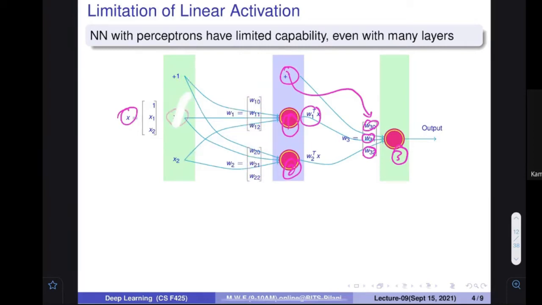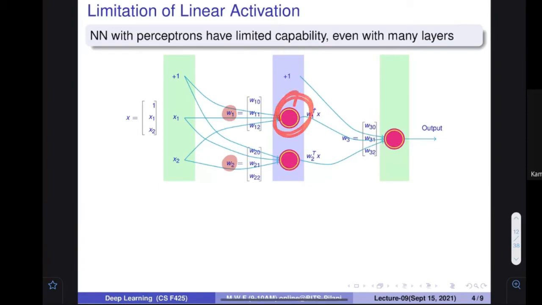If this is the weight vector W1 and this is the weight vector W2, what is the output of this particular perceptron? We know W transpose X, where this is the X. So the output is W1 transpose X, because this is W1. What is the output here? W2 transpose X.